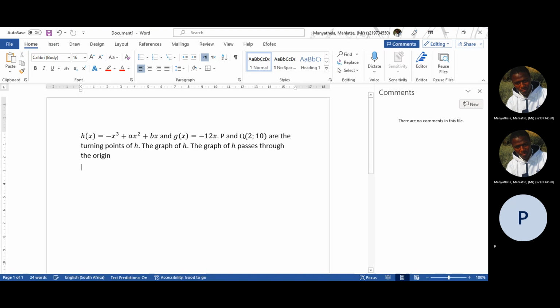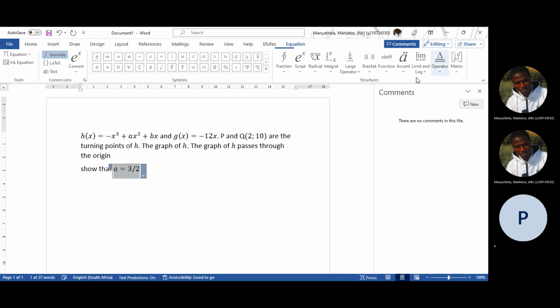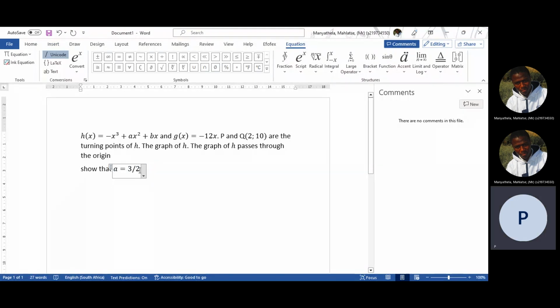And then the first question says, show that A equals 3 over 2 and B equals 6. We are going to show that A equal to 3 over 2 and B equal to 6.